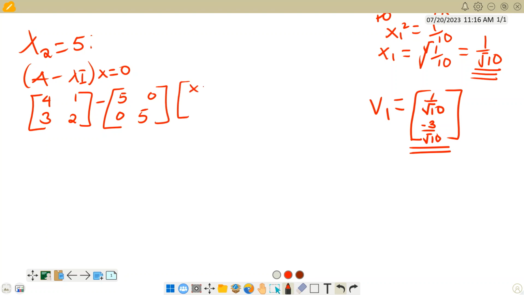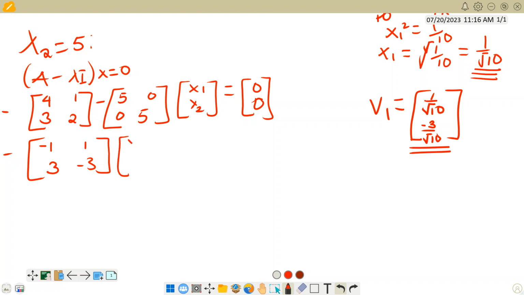Multiplying this by x1 and x2 is going to give us that 0, 0, right? So this practically will be 4 minus 5, which is going to give us a minus 1, and then 1 here, 3 minus 0, a 3 here, then 2 minus 5, minus 3 there.